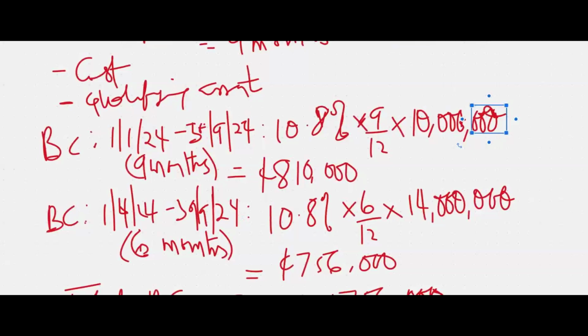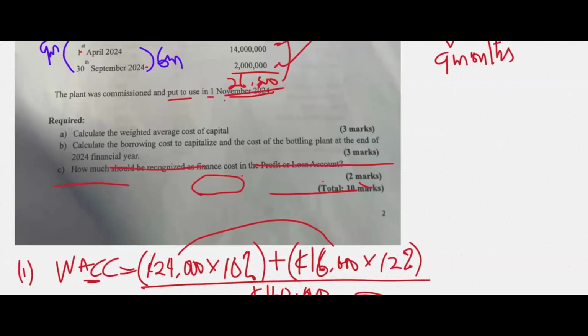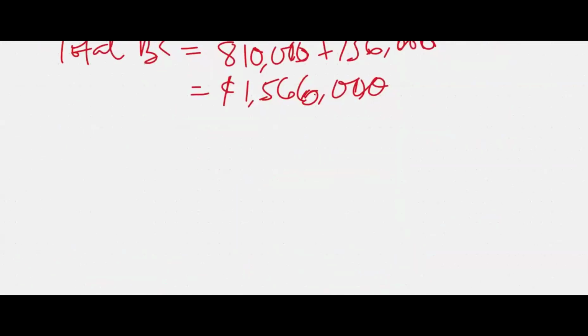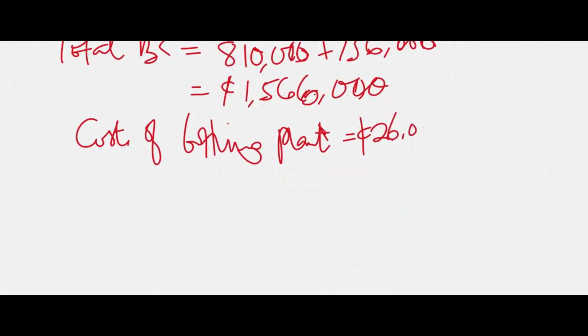The cost of the bottling plant will be the 26 million, which is the cost of the assets, plus the borrowing cost to capitalize, 1,566,000.